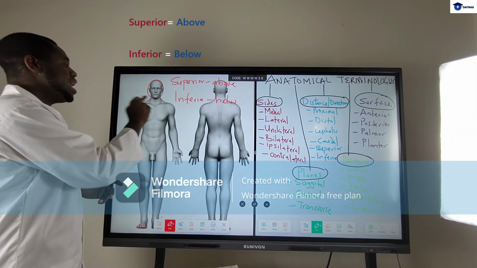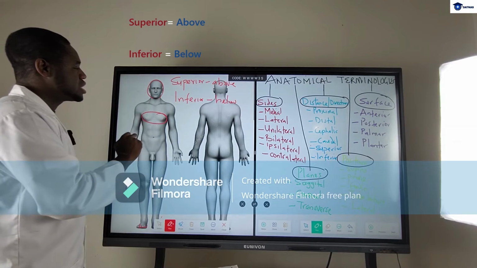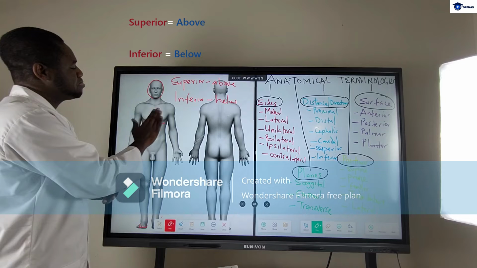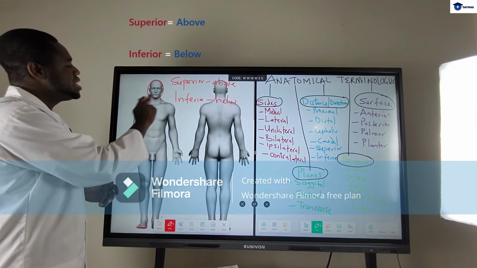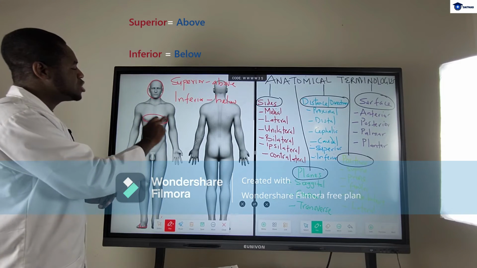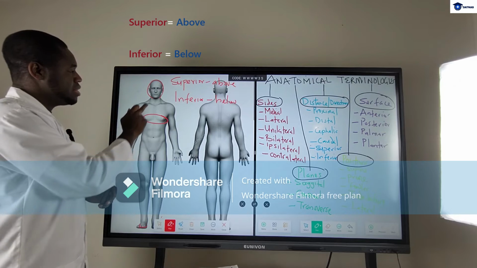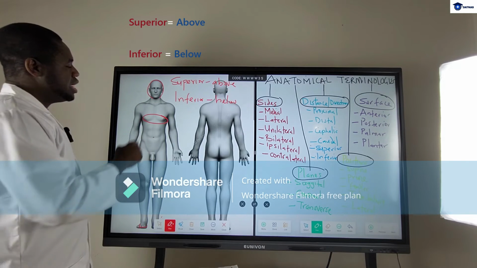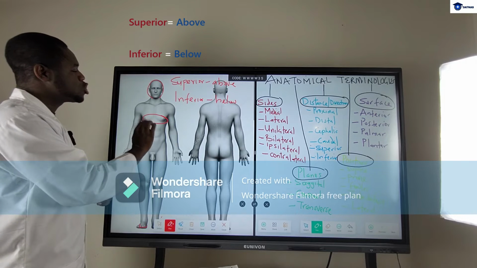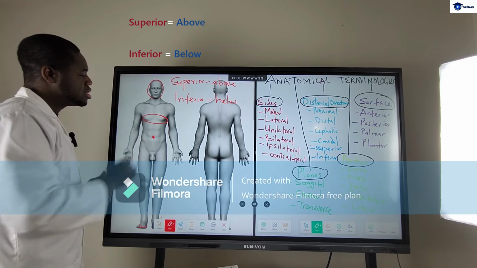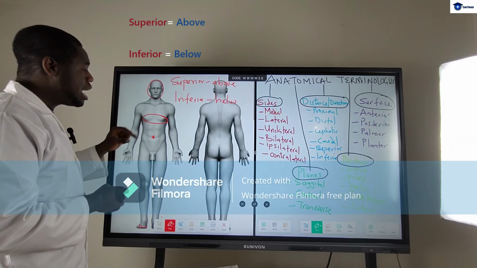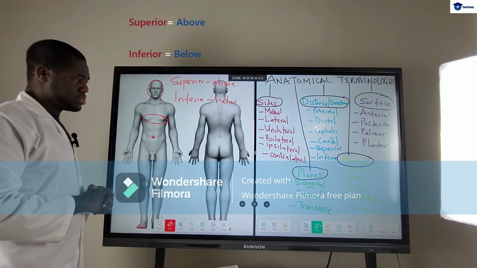If I say the neck is superior to the breast, I'm saying that the neck is above the breasts. If I say that the breast is superior to the umbilicus, what I'm saying is that the breasts are above the umbilicus.